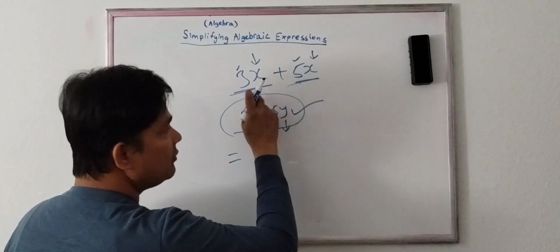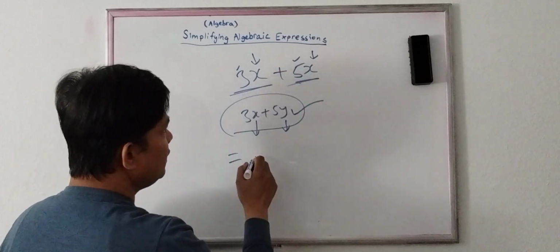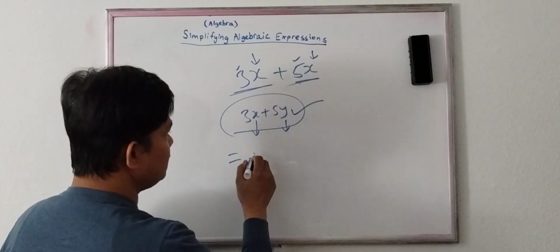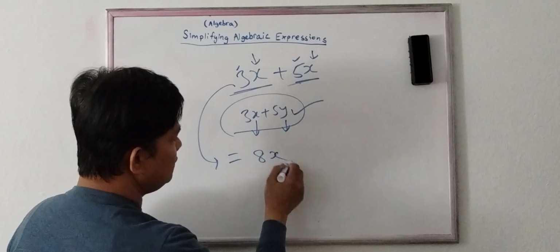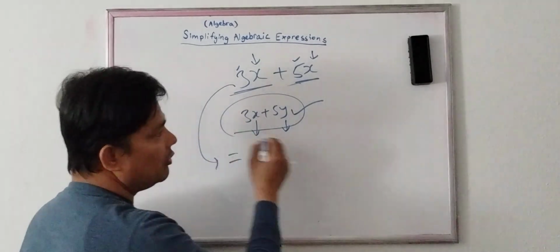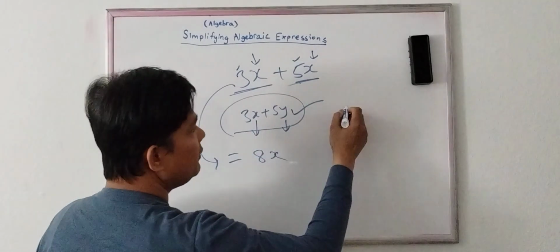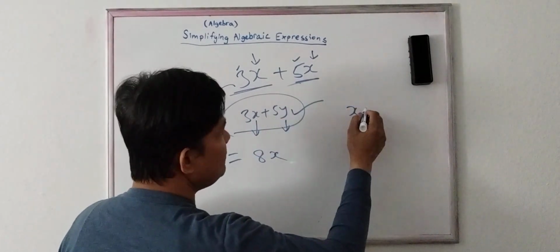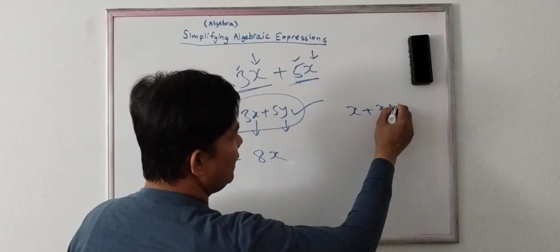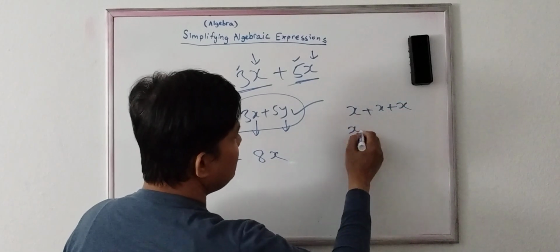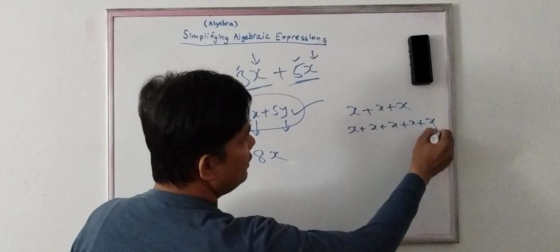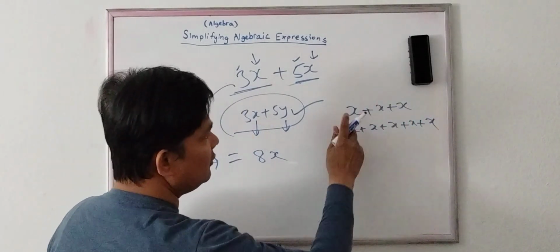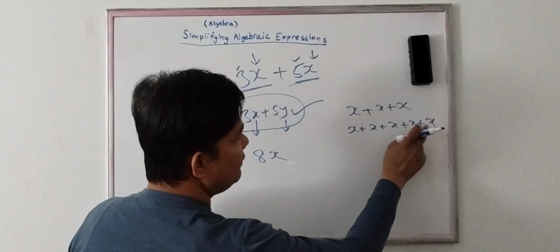3 plus 5, we'll just add the constants and then multiply by x. So 3 plus 5 is 8, and then x. And it's quite obvious from what we learned previously: 3x means x plus x plus x, and 5x is x plus x plus x plus x plus x. Now count how many x's there are: 1, 2, 3, 4, 5, 6, 7, 8.